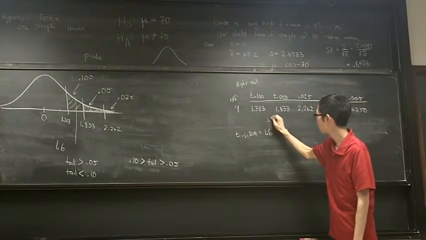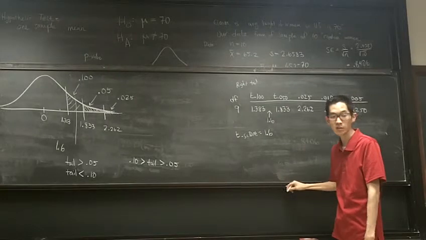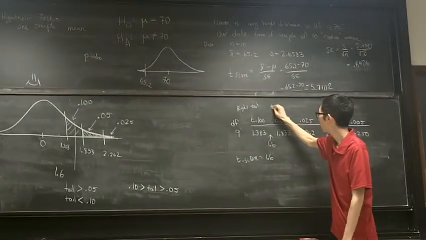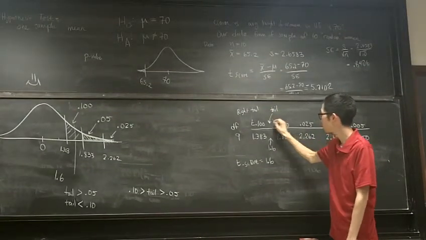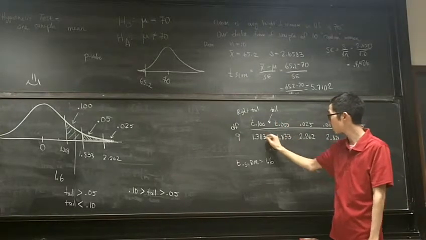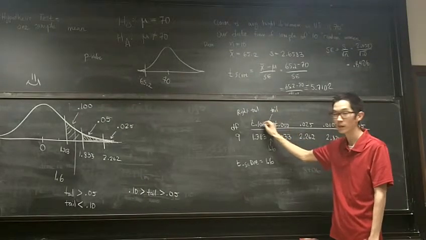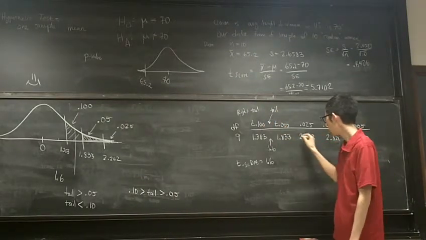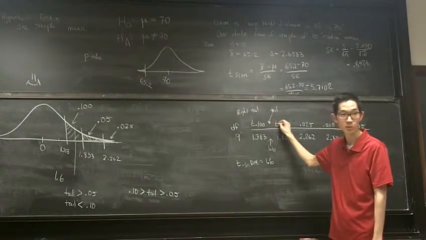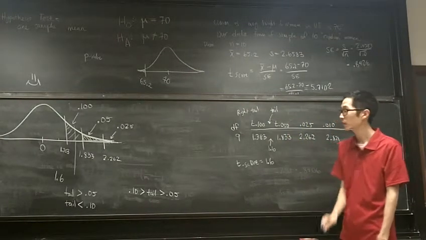So 1.6 goes in between these two numbers, which means my tail area goes in between the corresponding columns. So 1.6 is between 1.3 and 1.8. Therefore, my tail is between 10 and 5%, okay? So we know that my tail is between these two numbers. Is that okay? All right.